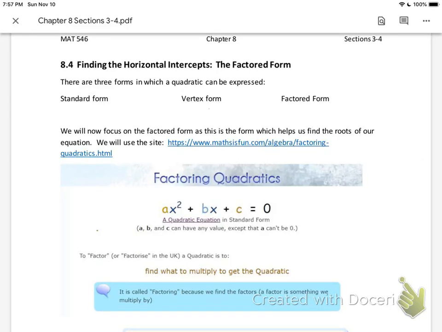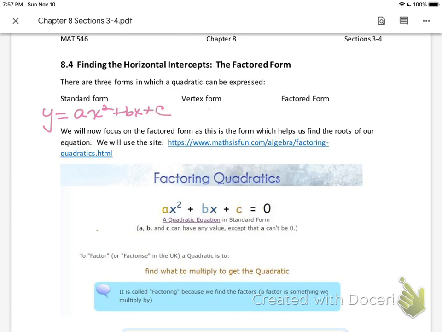Okay, in this video we're going to go over section 4 of chapter 8, and we're going to look at the factored form of a quadratic. Okay, so that's our goal. So far we've looked at standard form, which can be written y equals ax squared plus bx plus c.